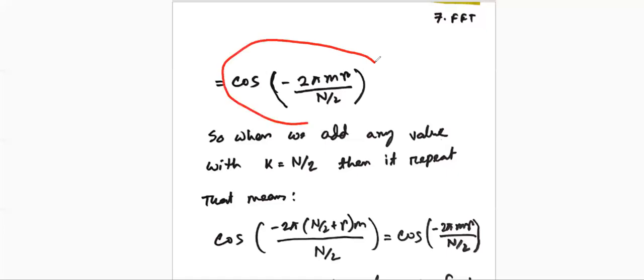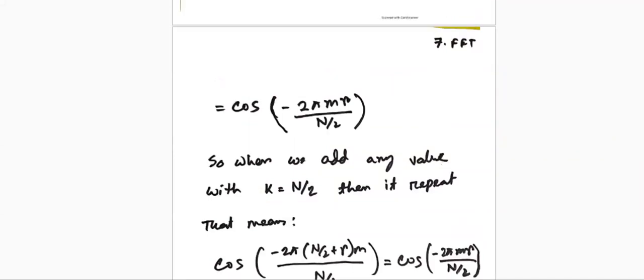So for this function, k equals n by 2 is the period, because after n by 2 we have got the same value.